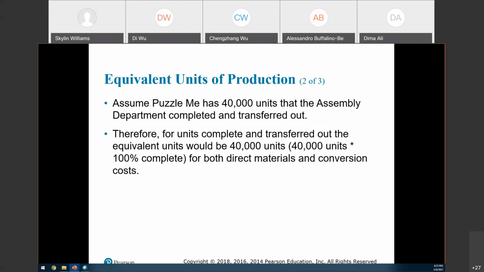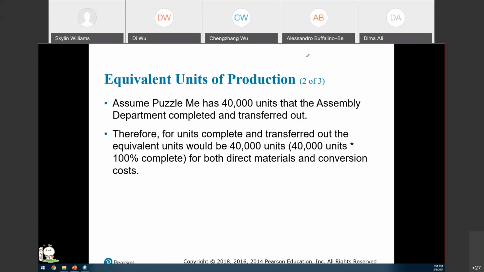Okay, so let's assume that Puzzle Company has 40,000 units that the assembly department completed and transferred out. Therefore, the equivalent units would be 40,000 units for both direct materials and conversion costs.